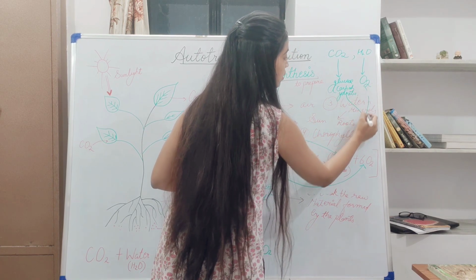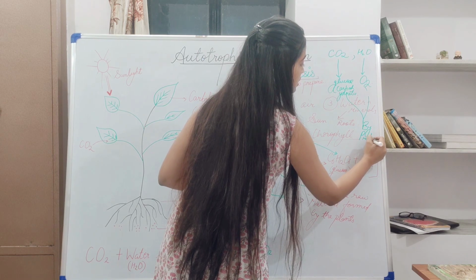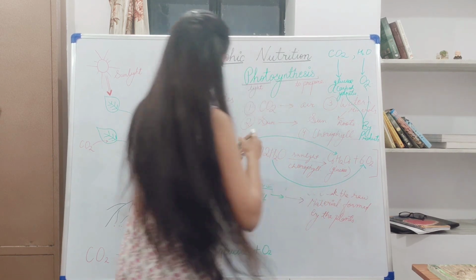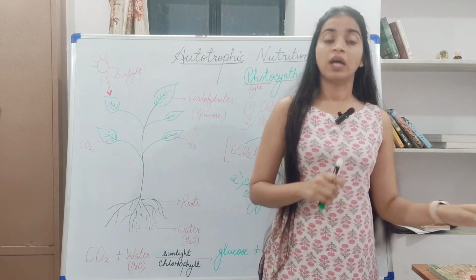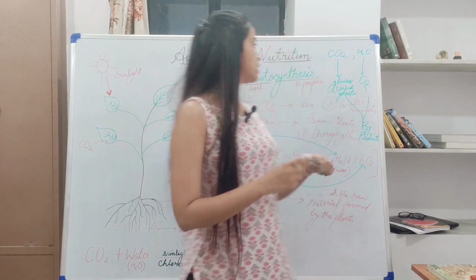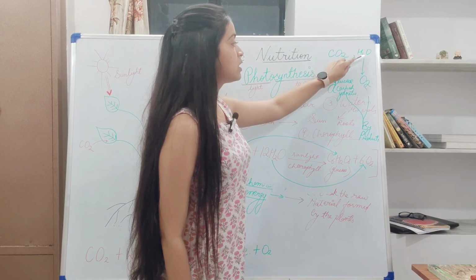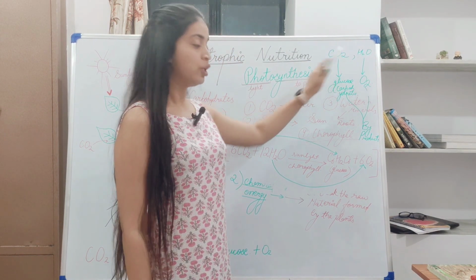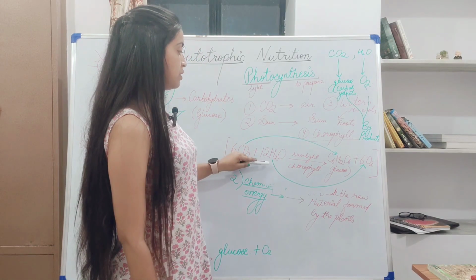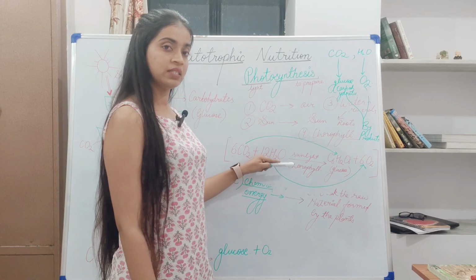So these are the products of photosynthesis. So guys, there are two products in the process of photosynthesis. First is glucose and the second one is oxygen. So this equation is very required in the process of photosynthesis.